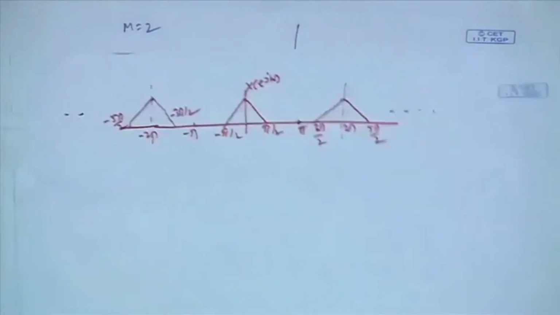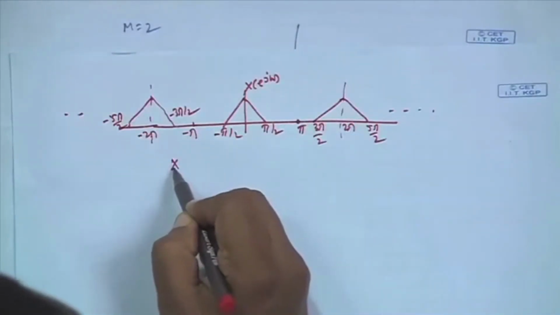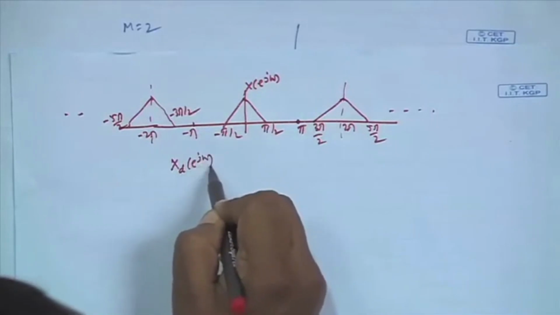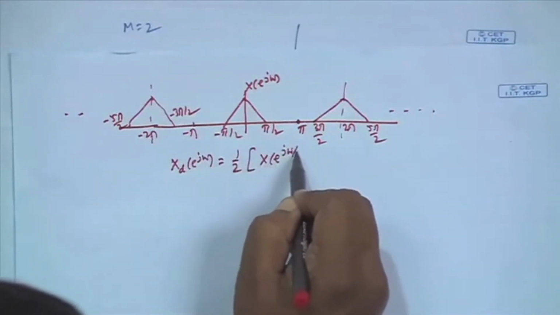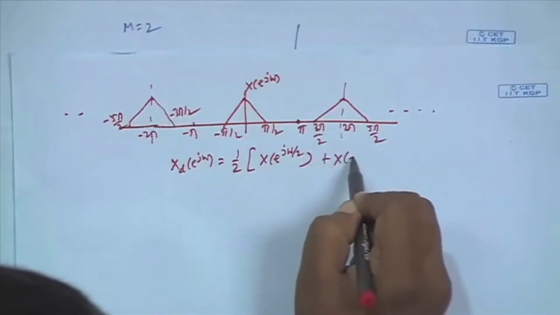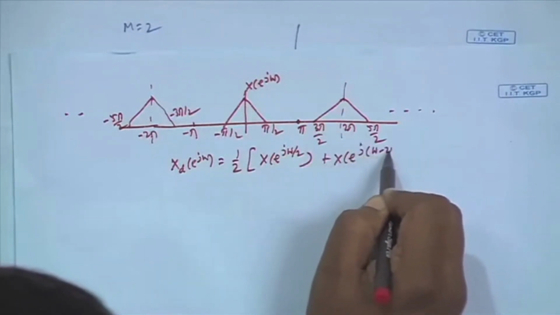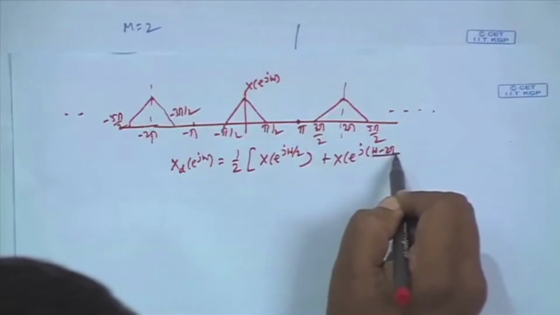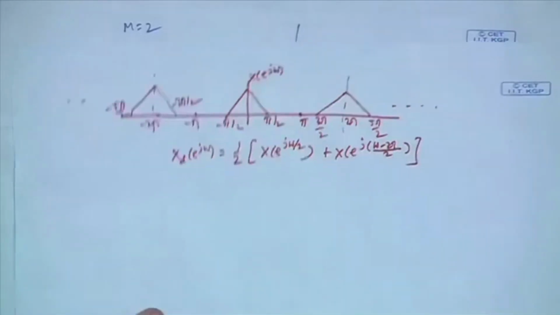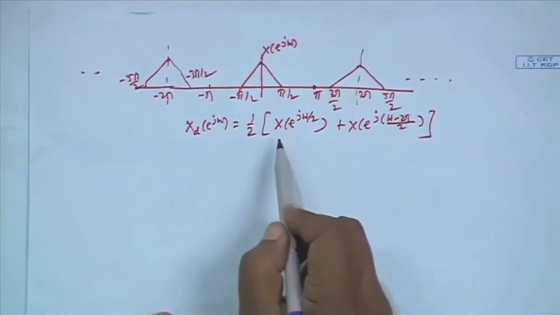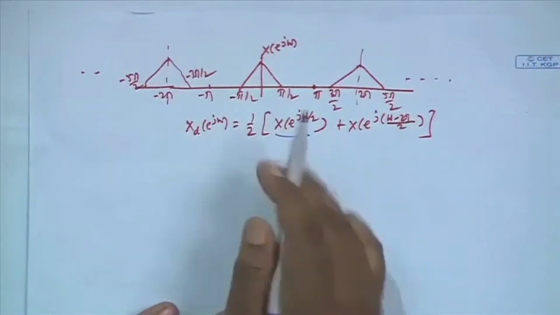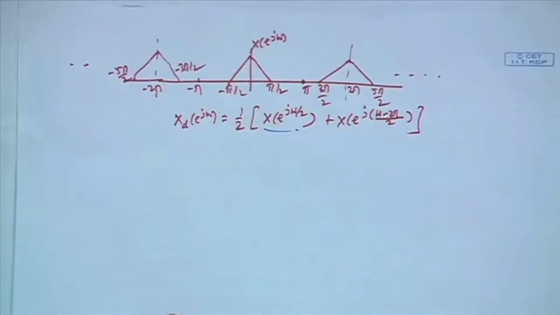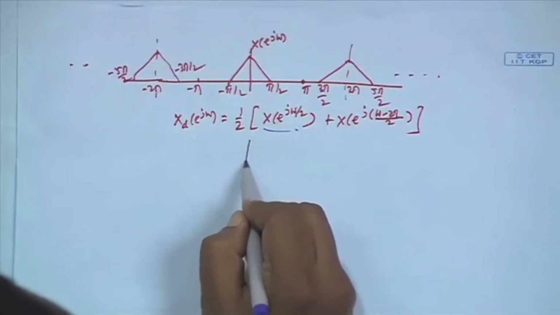We have to evaluate X d e to the power j omega, which by that formula we have already written is X e to the power j omega by 2, plus another component X e to the power j (omega minus 2 pi) by 2. All right. So, let us find out this, then find out this, add and divide by 2. This divide by 2 is something I am not much bothered about. So, let us start with this one.